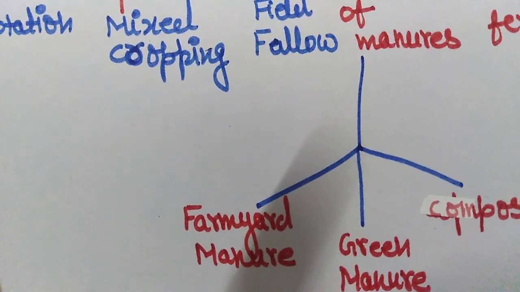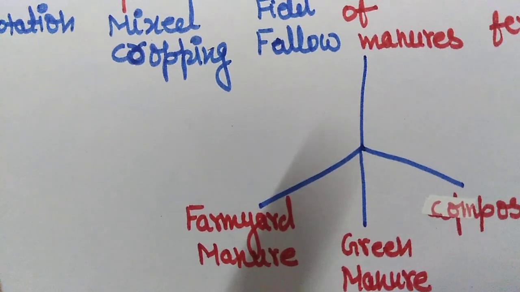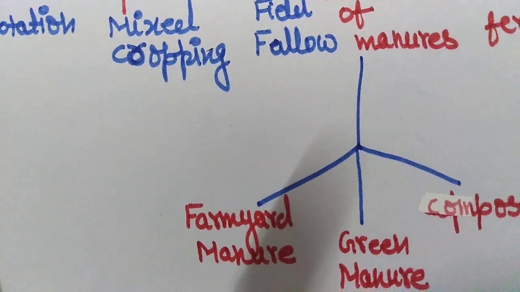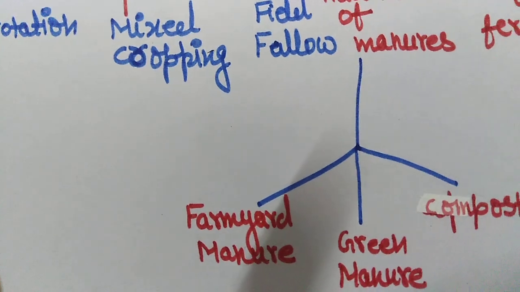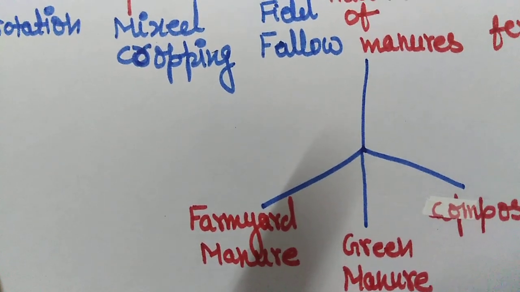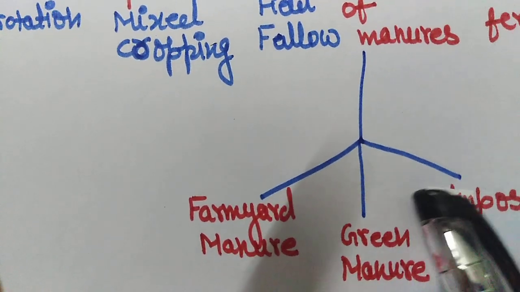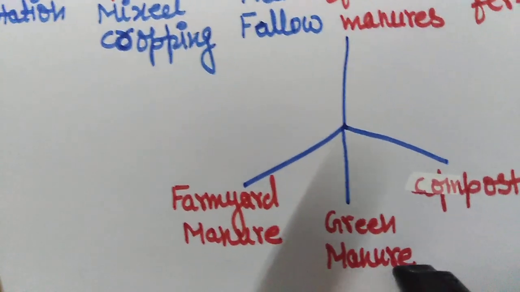They are left in the same field for natural decomposition. And after 2-3 months, these uprooted plants or legumes are decomposed by the action of microbes and turn into green manure.